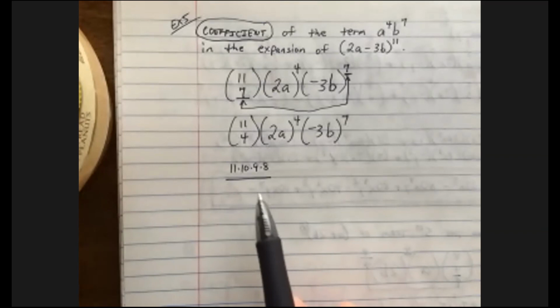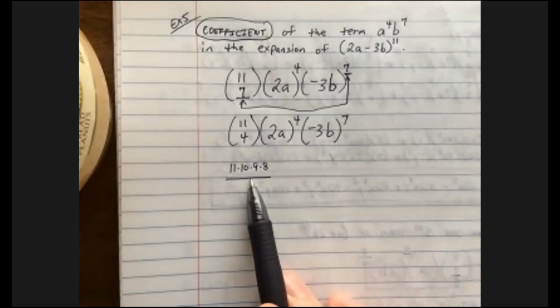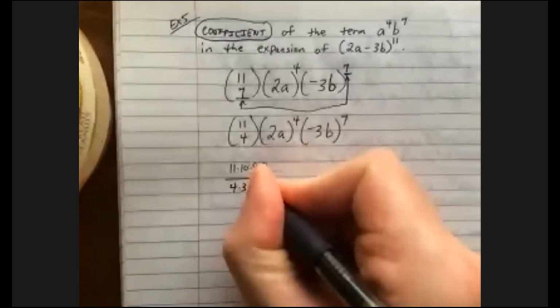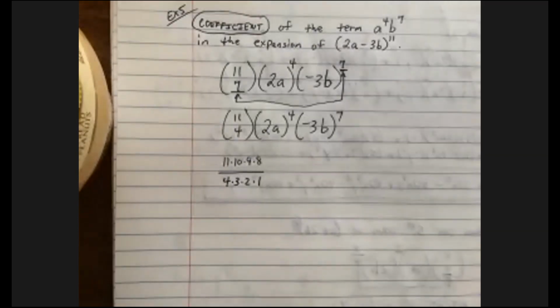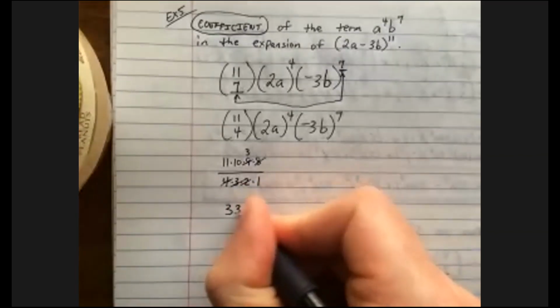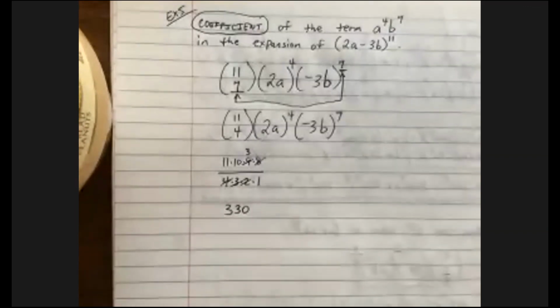So 11 times 10 times 9 times 8 over 4 factorial, 4 times 3 times 2 times 1. Well, the 4 and the 2, we'll take the 8 out. 3 and the 9 would be 3. We saw that earlier. That's 330. So it's going to be 330.